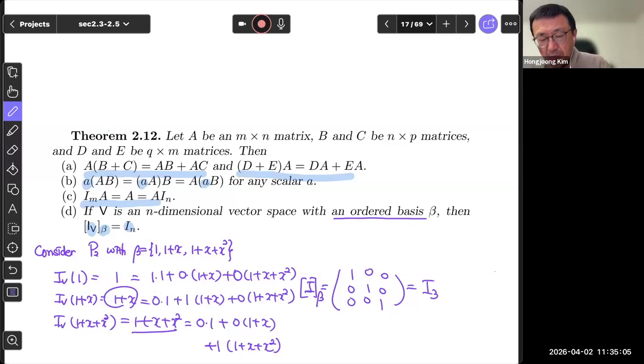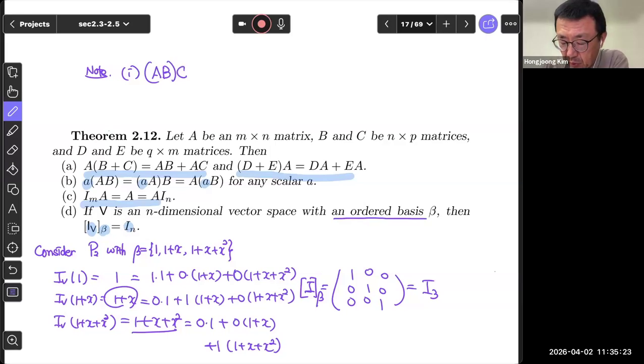So these are some properties of matrix multiplication, and as I said, please remember them. First, if A, B, and C can be multiplied, then A times B times C is well defined, so matrix multiplication is associative.